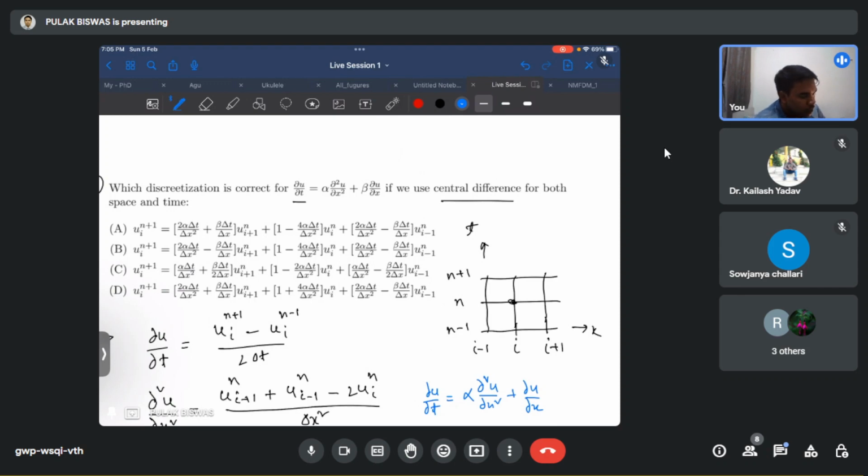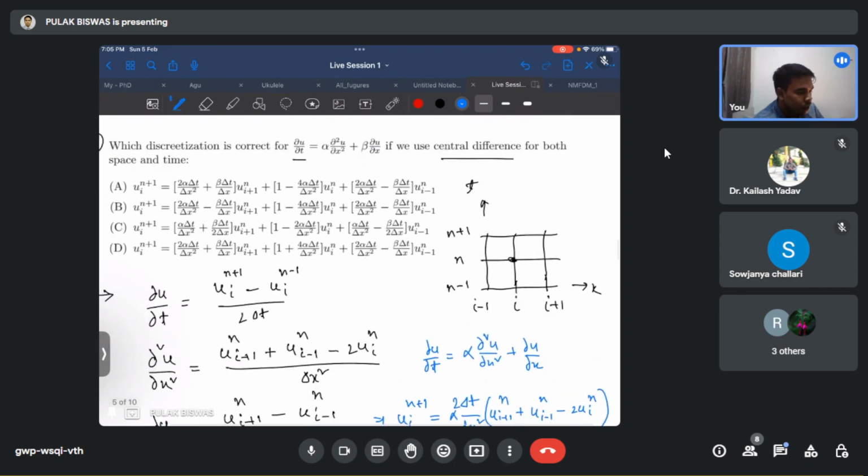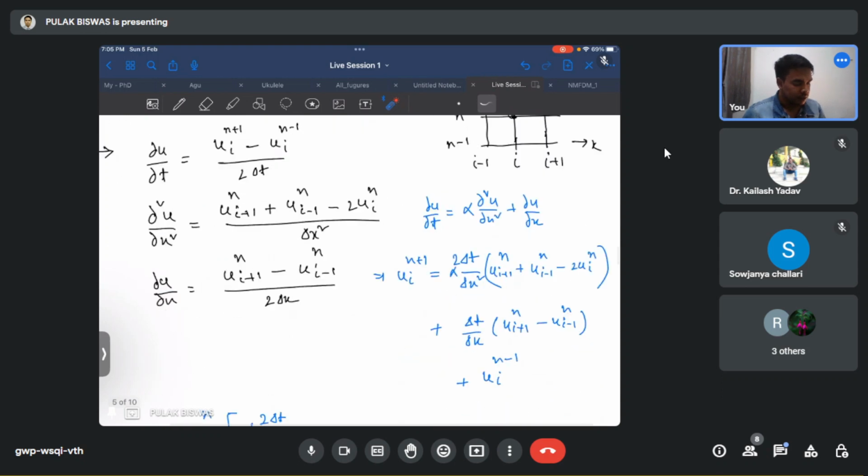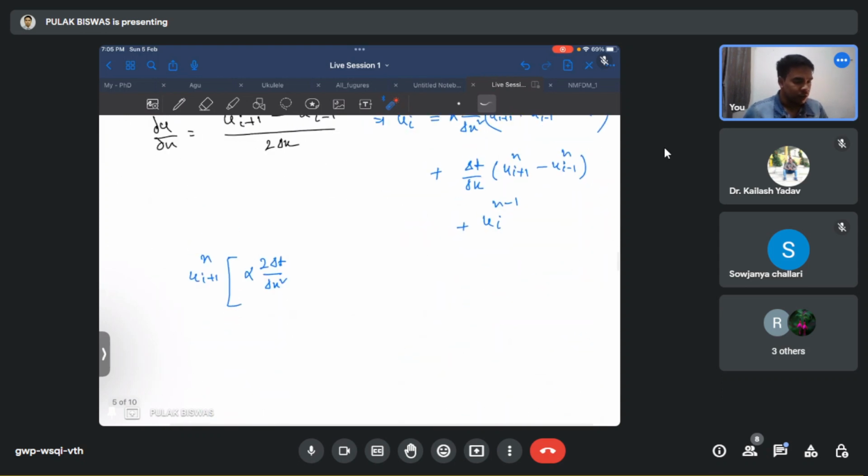I think the options are incorrect, or at least the central difference for both space and time is there, but since no n minus 1 term is in the options, we have to use the forward difference for this one, or maybe we can do it this way, and whatever is coming, let it come. The option will not match, I guess.